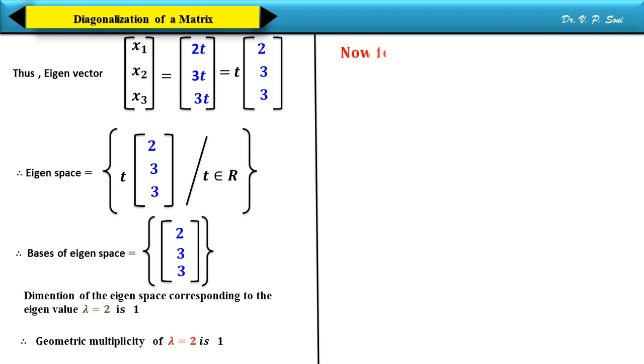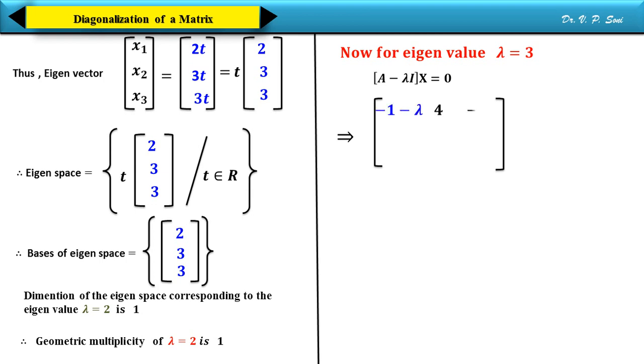Now for eigenvalue lambda equal to 3, (A minus lambda I) X equal to 0. This implies the matrix whose first row is minus 1 minus lambda, 4, minus 2, second row minus 3, 4 minus lambda, 0, third row minus 3, 1, 3 minus lambda, times the column matrix x1, x2, x3 equal to the column matrix 0, 0, 0.